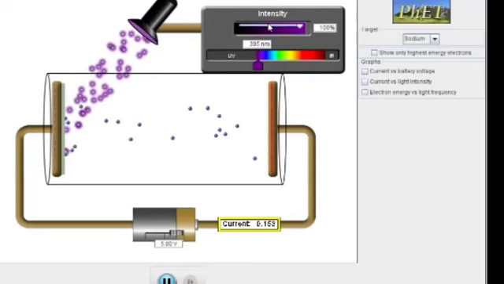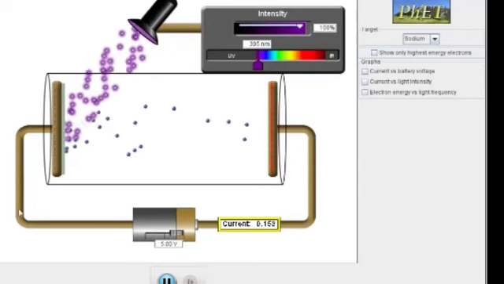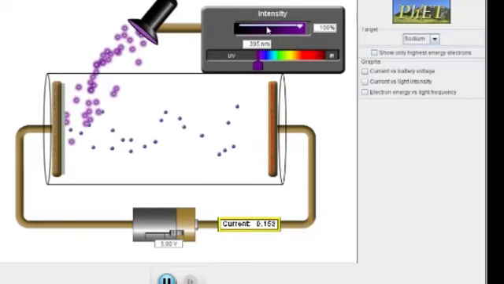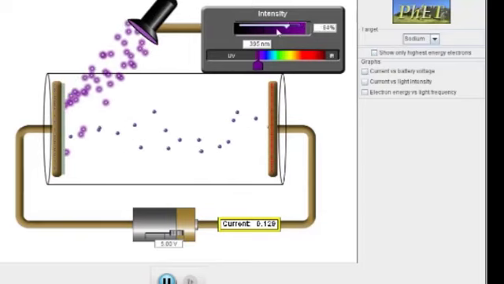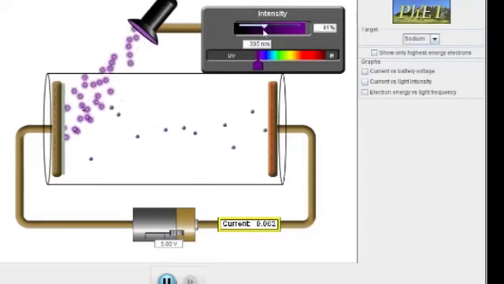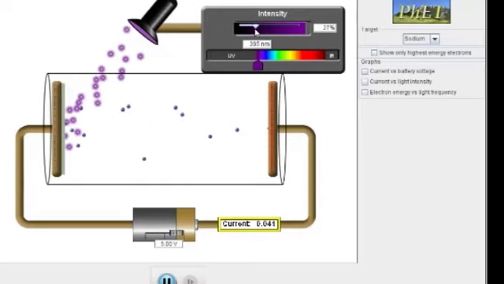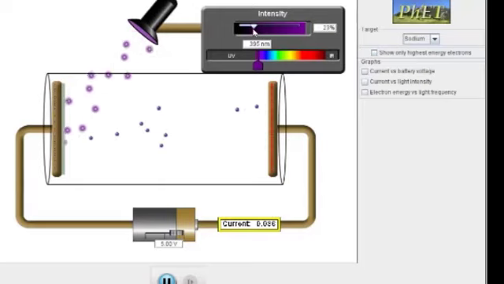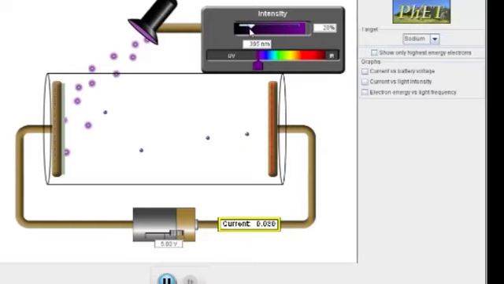The number of photoelectrons emitted depends on the intensity of light. Look here, if I decrease the intensity of light, what happens? The number of photoelectrons reaching the collector plate decreases, and you can also see the fluctuation in the value of current.